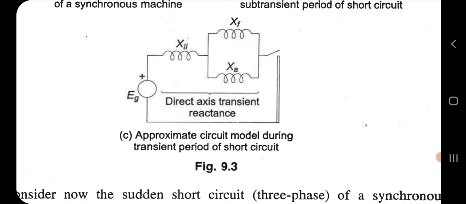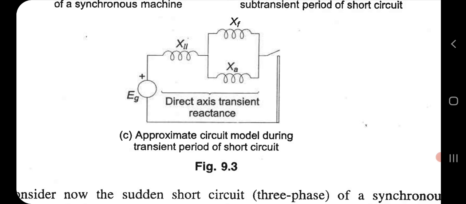Now if you see only two windings, two reactances will be in parallel. One is the field winding, another one is the armature winding. They come in the picture, they come in parallel.